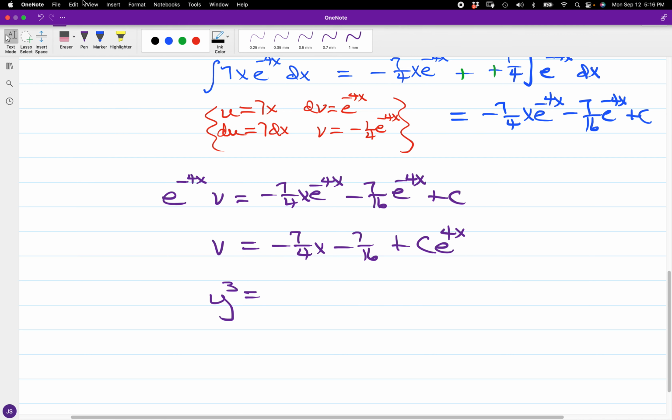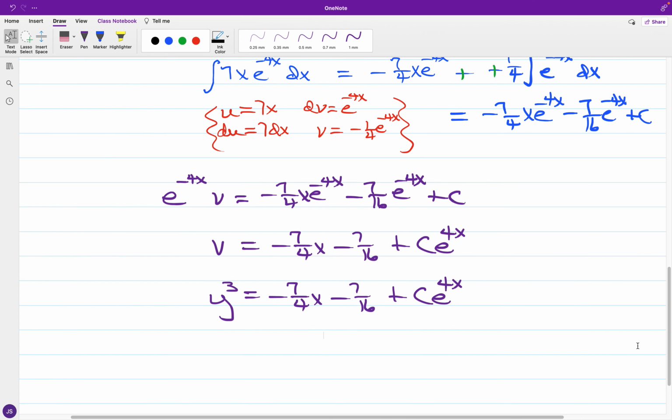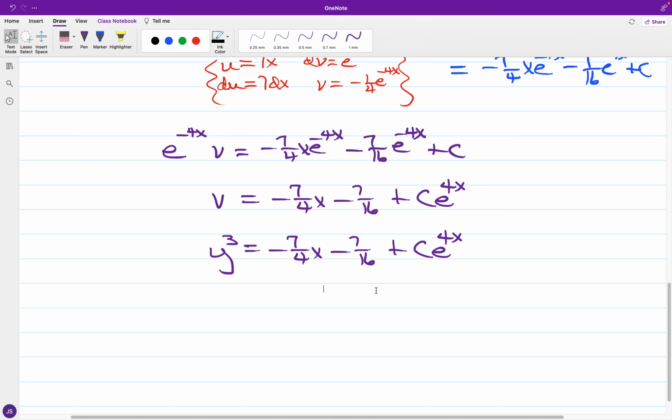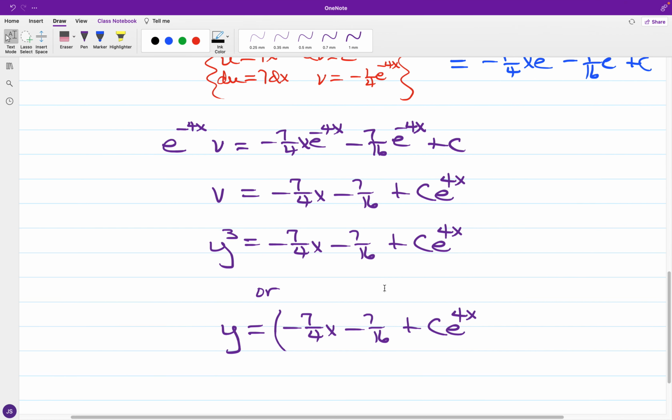And so we can leave the result in the form where y cubed is equal to negative 7/4 of x minus 7/16 plus c times e to the 4x. And also another way, if you were to isolate y, you could take the cube root of this expression, or write the quantity of this 3-term expression raised to the 1/3 power.